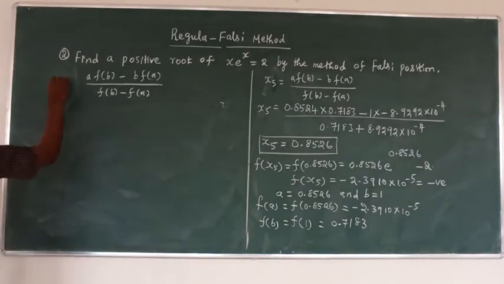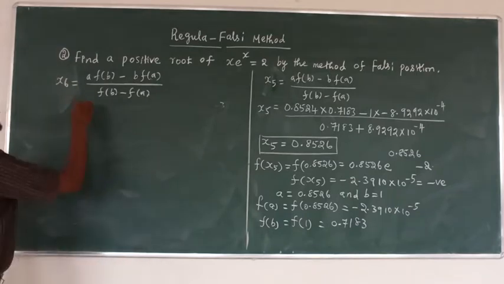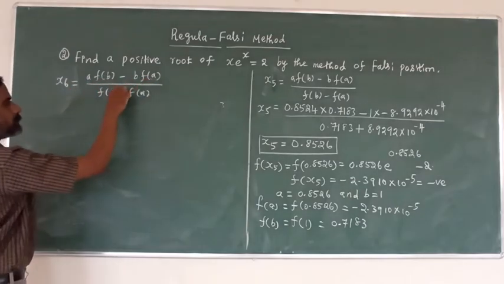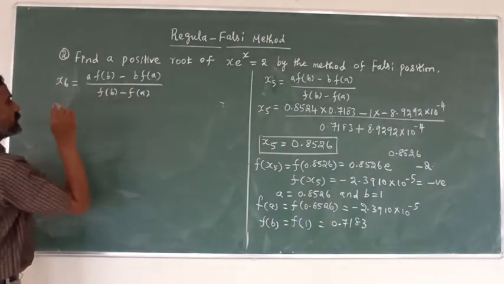Next sixth iteration, x6 equal to a, f of b minus b, f of a divided by f of b minus f of a.